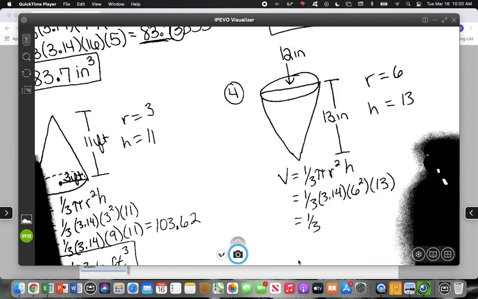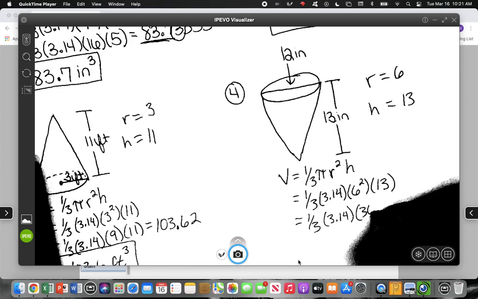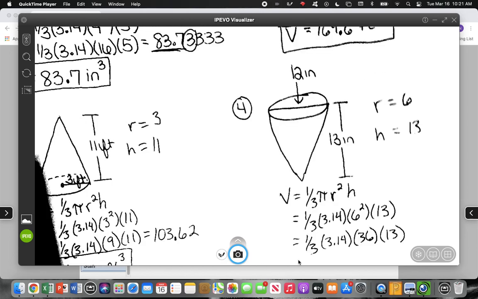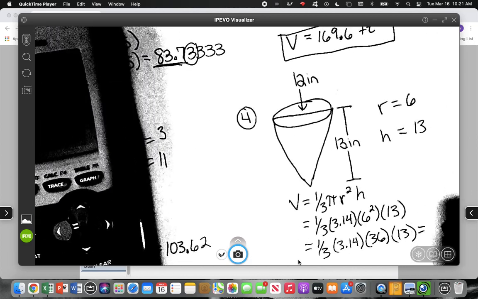All right, so what is 6 squared? 36. Okay. Now I can multiply all these together, right? You get 489.84. 489.84, that's what I got too.